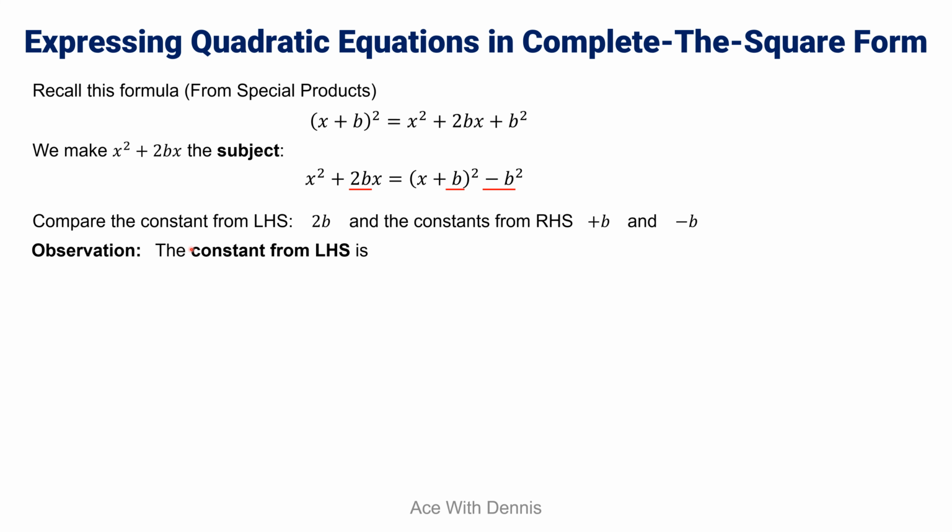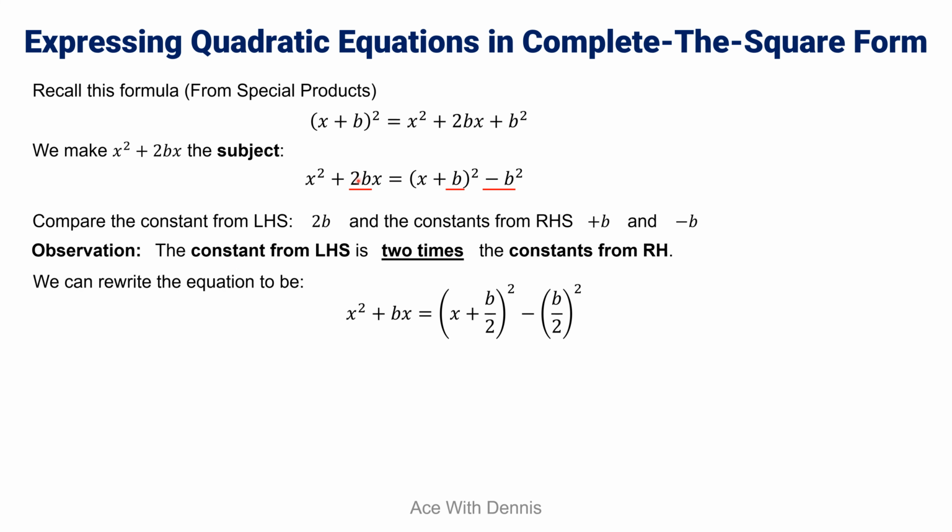We can see that the constant from the left hand side is 2 times the constant from the right hand side. So this is 2b, then this is b, this is negative b. We can rewrite this equation: from 2b, I write it to become b. Hence, b becomes b over 2, and minus b squared becomes minus (b over 2) squared.